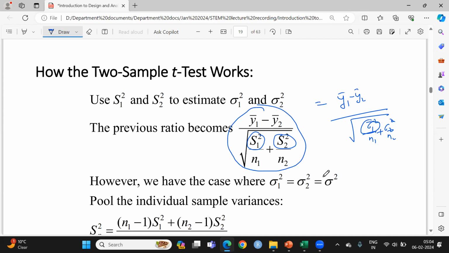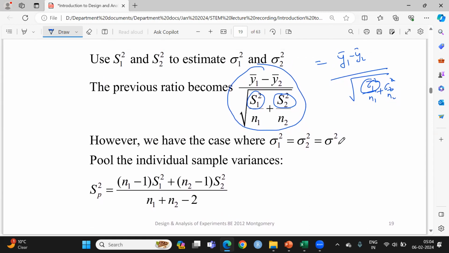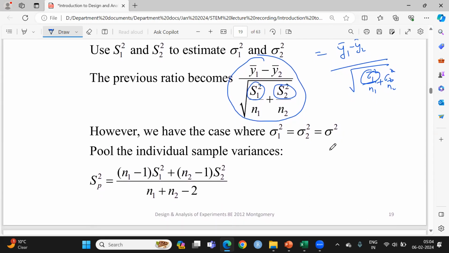But we require one assumption: that the values of sigma 1 square and sigma 2 square are equal to each other. So instead of writing S1 square and S2 square, there is another way to write it by taking their weighted average. This is called the pooled individual sample variance. So what we are doing here is taking the pooled average of these two sample variances, and it is denoted by SP square.